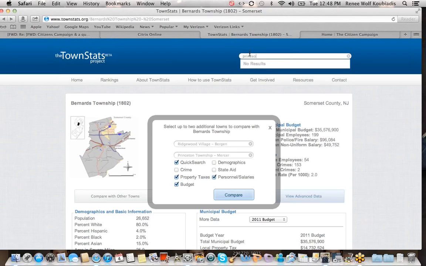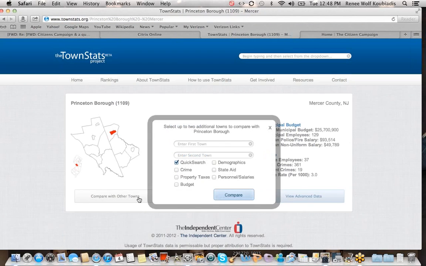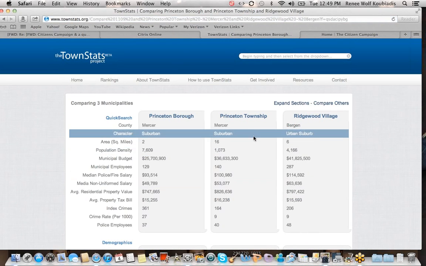If you compare Princeton Borough with Princeton Township, and with Ridgewood. Ridgewood, population-wise, in Bergen, is similar to Princeton Township and Princeton Borough as combined towns.